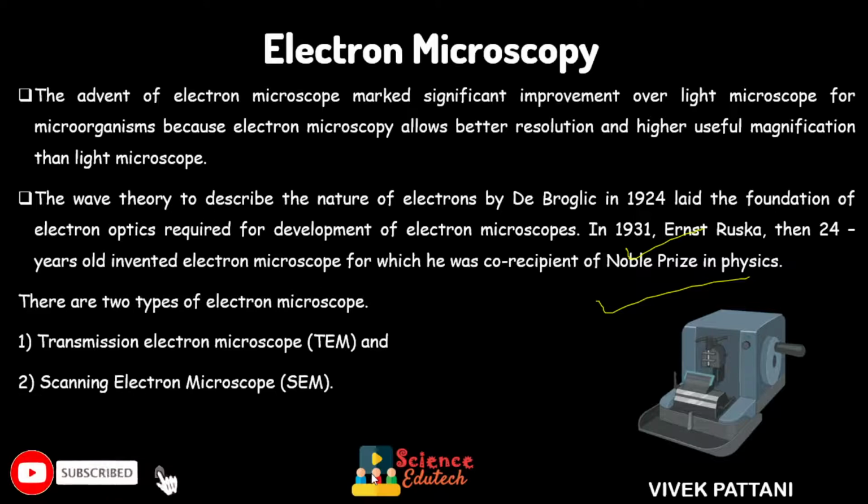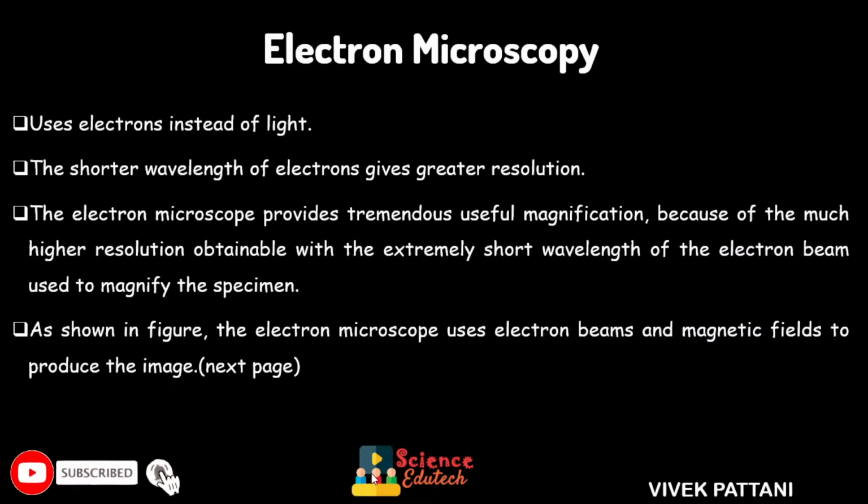This is the reason why the electron microscope has a better resolution. As I told you, electrons are used instead of light, due to which we achieve a better resolution.